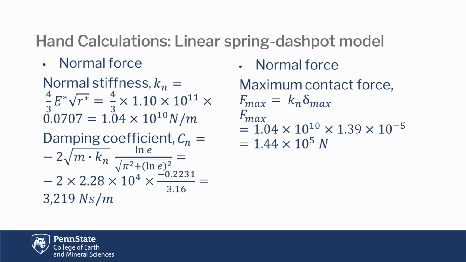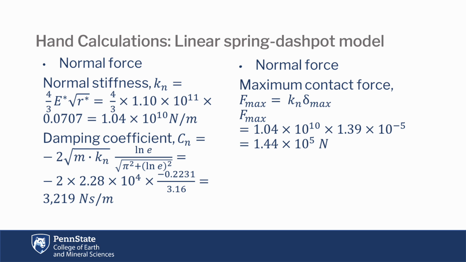Afterwards, we will calculate our normal force. But before we get the normal force, we need the value of the normal stiffness, which is given by this relation: 4/3 times the effective Young's modulus times the square root of the effective radius. The value is 1.04 times 10 to the power 10 Newton per meter.